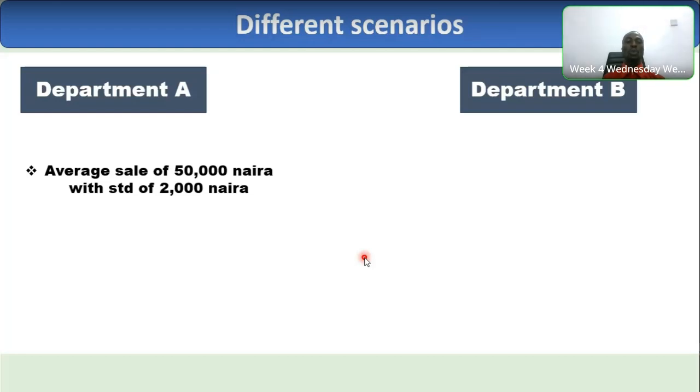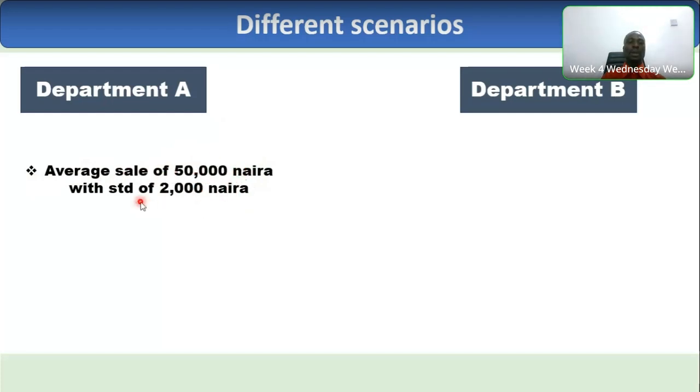So we have department A, and let's say we sample 1,000 customers out of all the customers under department A, and we discover that the average amount that our customers were spending was 50,000 naira.